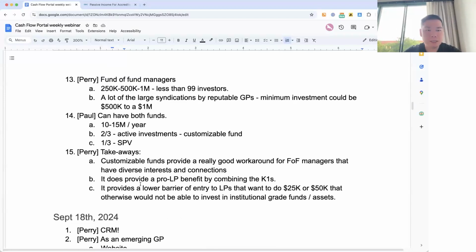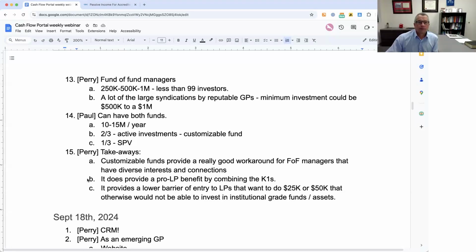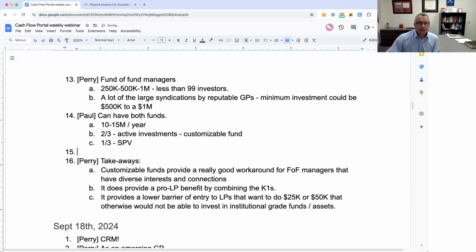Paul, question for you. When you were starting out, did you do an SPV first, and a couple of SPVs later do the customizable fund, or did you go straight to creating a customizable fund? Yeah, so when we first started, each individual investor was a single line item on the cap table.